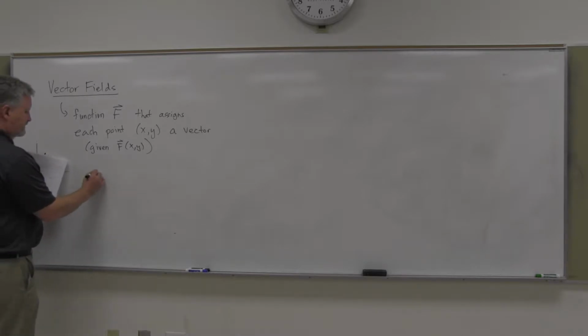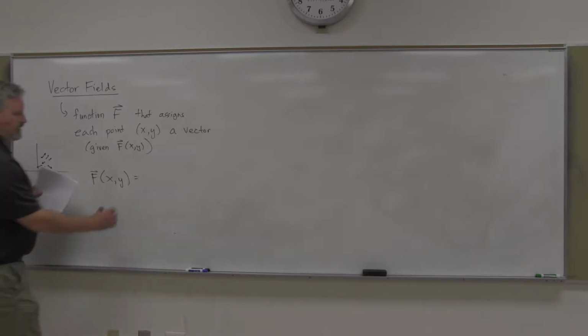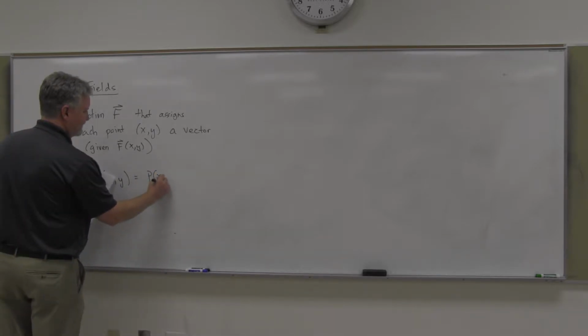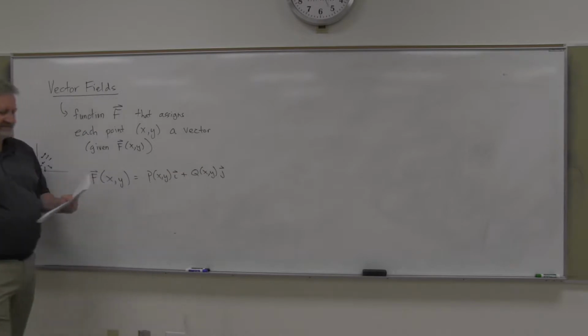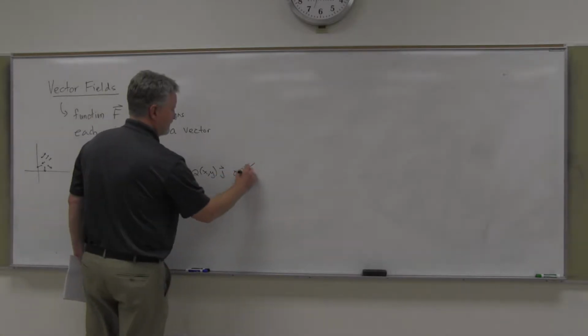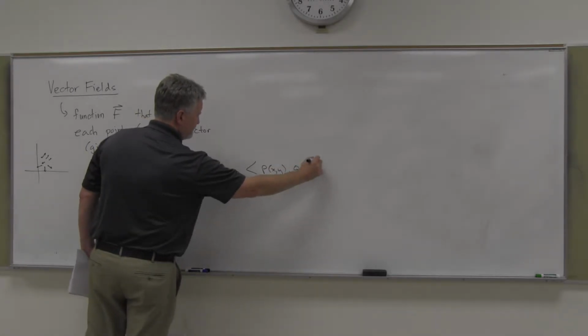Now, in generic form, the vector field function looks like this. It's a vector, so it has an ij component if we're talking 2 dimensions, ijk if you have 3 dimensions. But instead of having a number for each component of your vector, each component is a function of x and y. And of course, you could write it the other notation way.